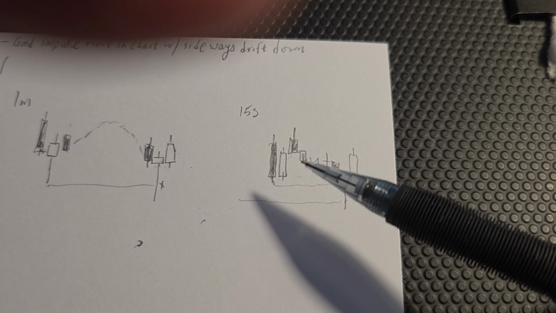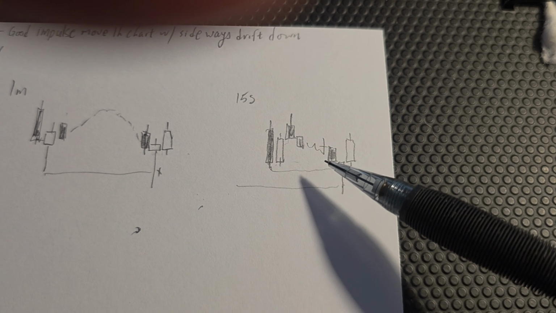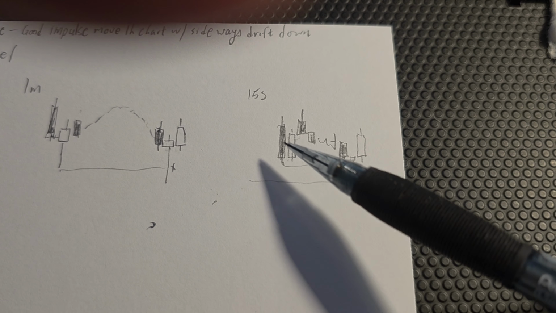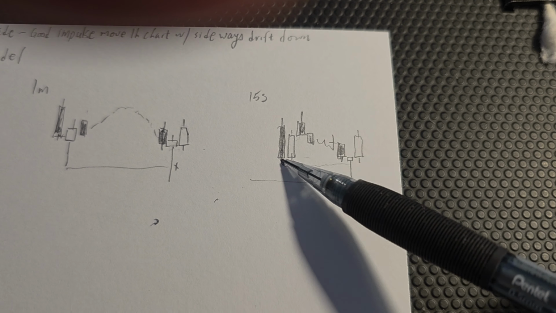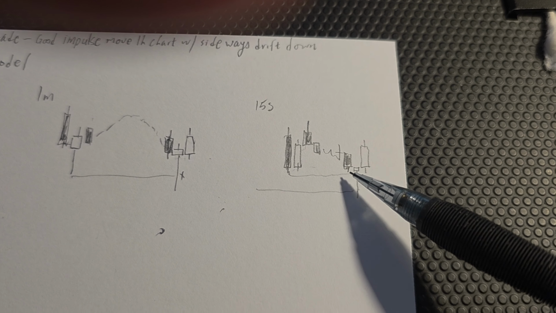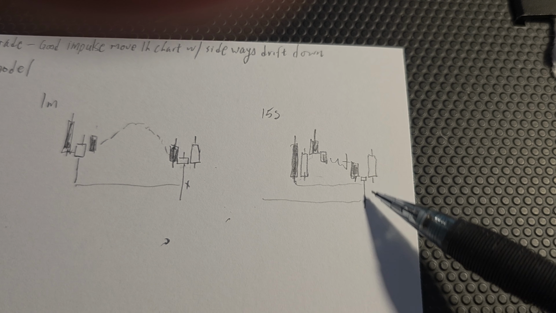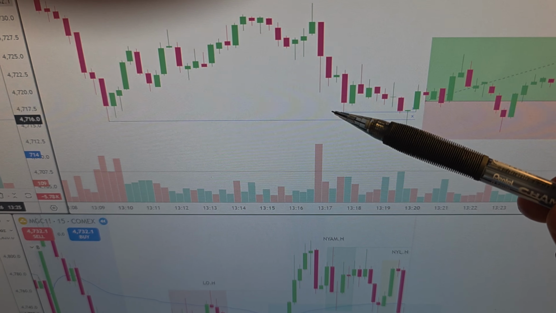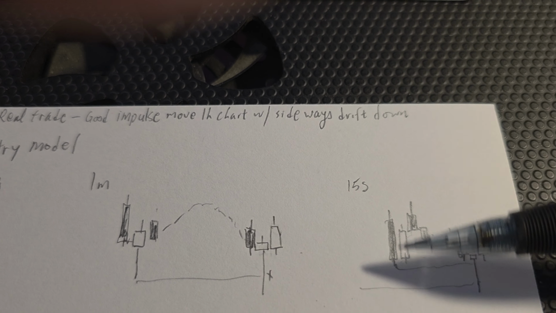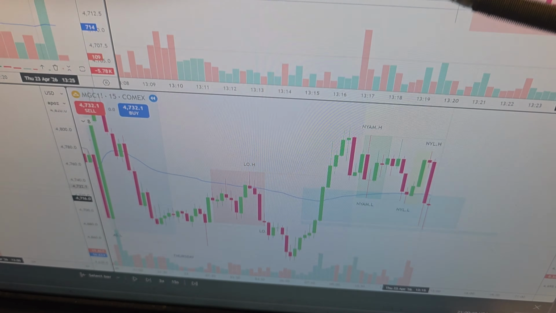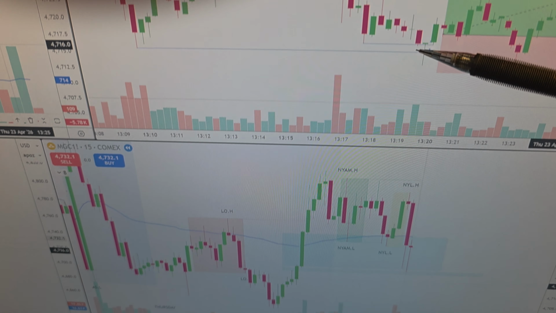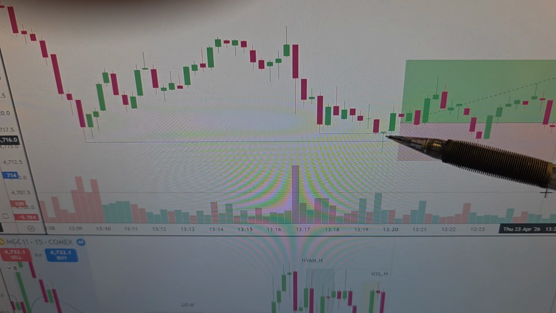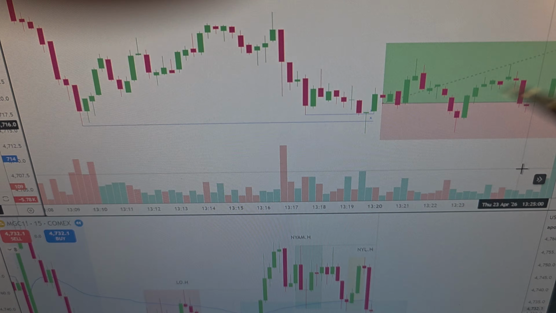So just a real abstract, let's get it done drawing on the 15-second. We have this low being soaked up by this hammer, and the earlier swing, this right here getting swept here, and this red candle being swept, and this is the key hammer candle right there, and then the nice closure.